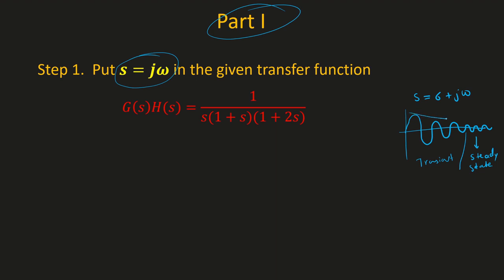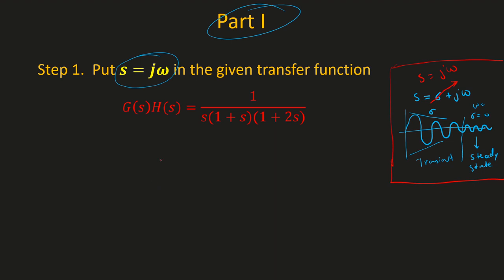During transient part, we do have some value of sigma, like a negative value of sigma, that is the damping. But in steady state part, this value of sigma is 0, that is the system reaches a steady state condition and there is no damping, just small oscillations with some frequency omega. That's why the sigma value is 0 in this case and sigma vanishes, and we put s equal to j omega.